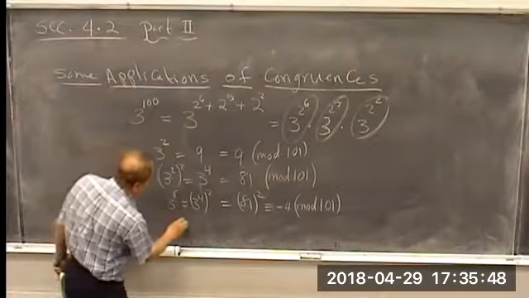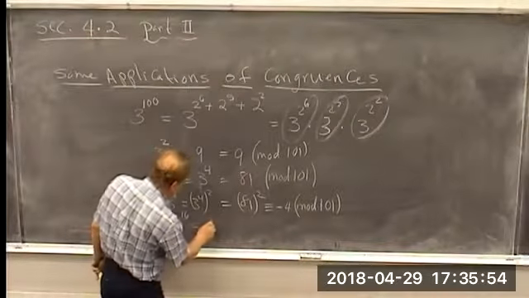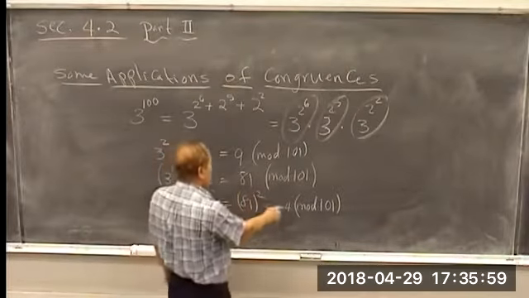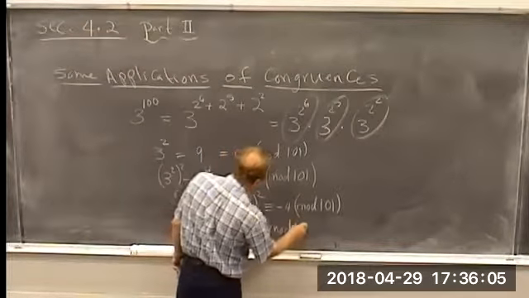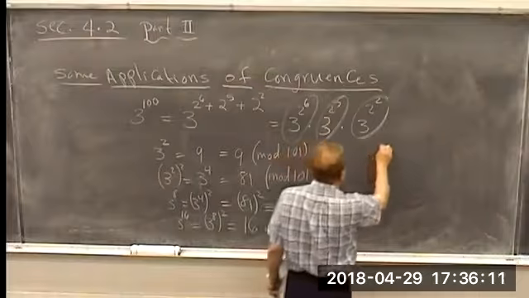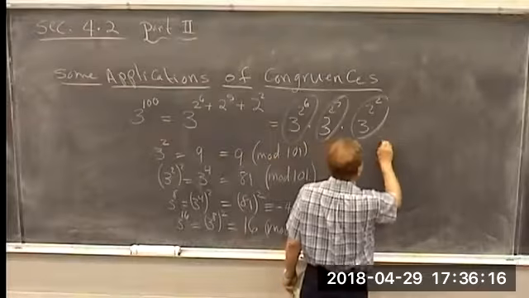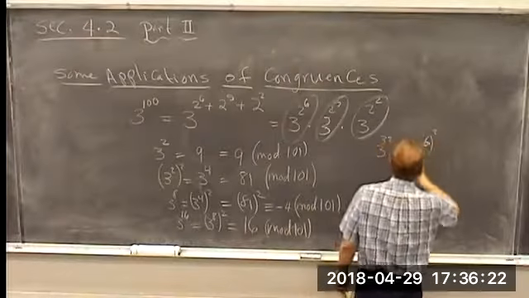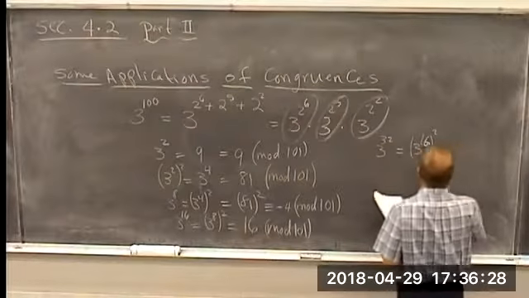So when you go to the next one, which is 3 to the 16, this again means 3 to the 8 squared, which means you're going to be squaring negative 4, so this becomes 16 mod 101. Then the next exponent, which is a squaring of the 3 to the 16, gives you the 32. 3 to the 16 is squared, but 3 to the 16 happens to be equal to 16, squared.